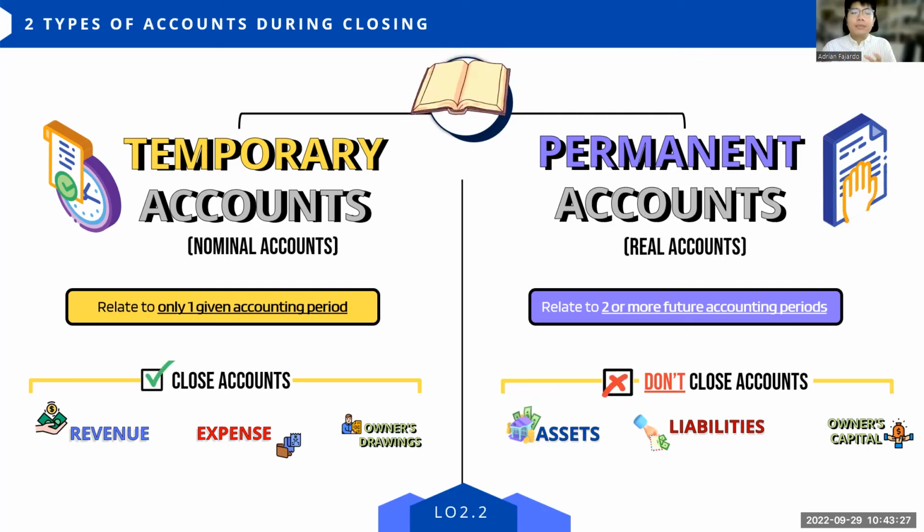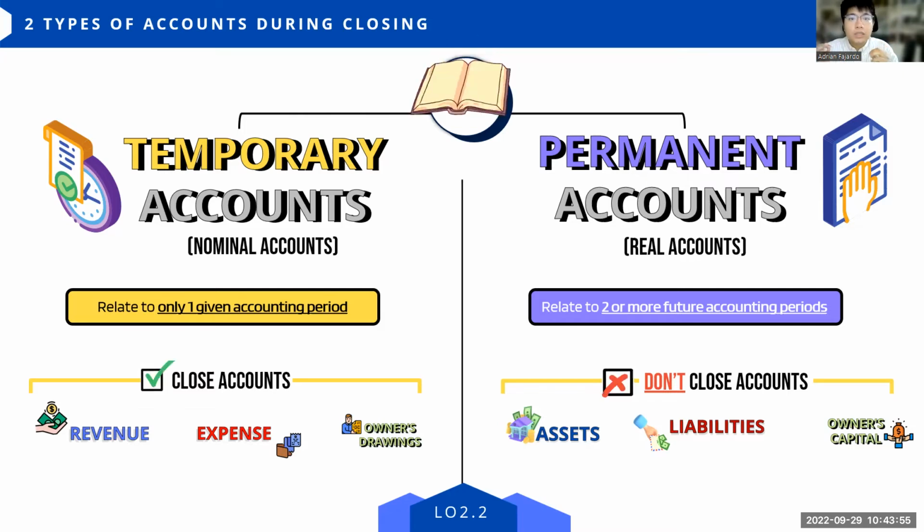For example, cash. Say I decided to run a cake business, right? So one of my assets would be cash. Cash in year 1 is, let's say, 1,000 pesos. If nothing happens to me, cash in year 2 is still 1,000 pesos. But for example, second scenario, cash in year 1 is 1,000.